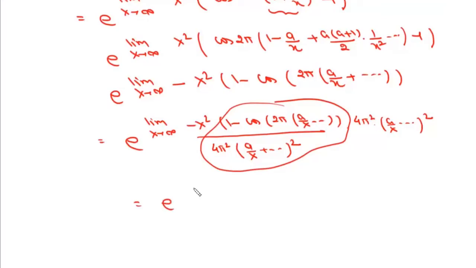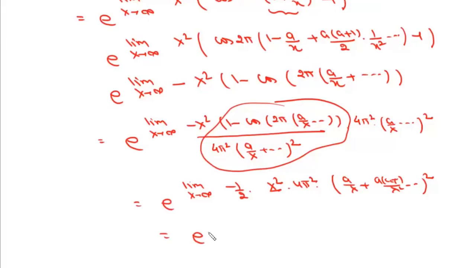So we can write this as e to the power, and then this limit x tends to infinity of minus 1 by 2 into x square into 4 pi square, a plus 1 upon x square whole square. Now we multiply this x square, we'll get this a square.